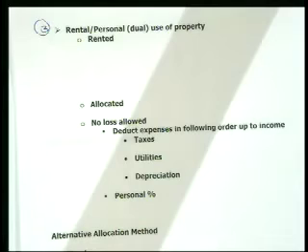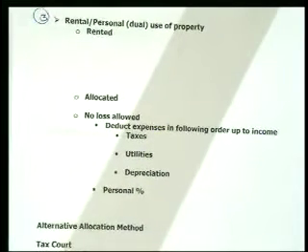Okay. Next is, what if we have property that we consider a rental personal split or dual use, meaning I've used it a little bit of both. So what qualifies a piece of property for that?